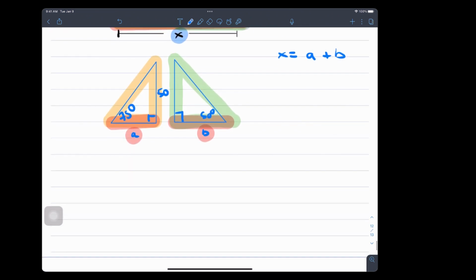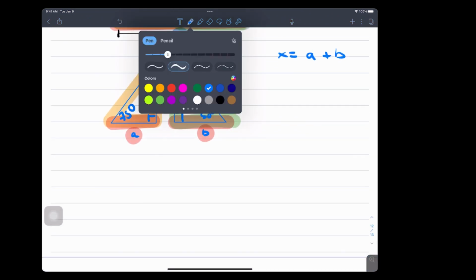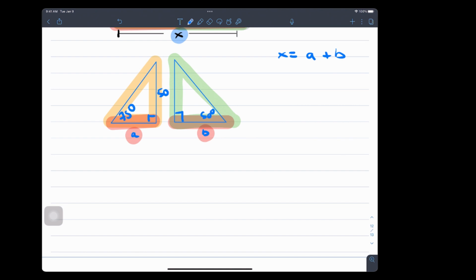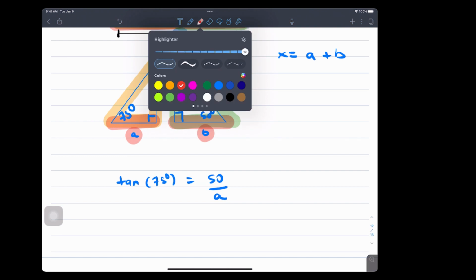All righty. So how do we get A, ladies and gentlemen? How do you guys get this one here? What is this again? Opposite over what? Adjacent. Is that right? So we know tangent 75 degrees is 50 over A. This is going to be how we get A now.